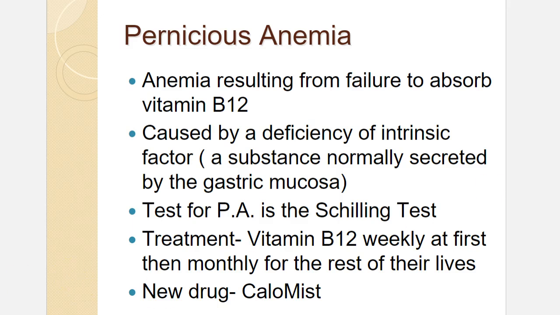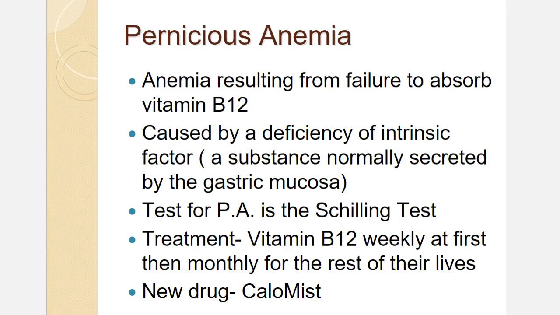And as I said before, the Schilling's test, just to say a little bit about this, is used to validate pernicious anemia or vitamin B12 deficiency. It really measures the body's ability to absorb vitamin B12. What they do is the patient is NPO for 8 to 12 hours, and then they're given an oral radioactive tagged dose of vitamin B12, followed by an IM dose of vitamin B12, after which a 24-hour urine collection is done.